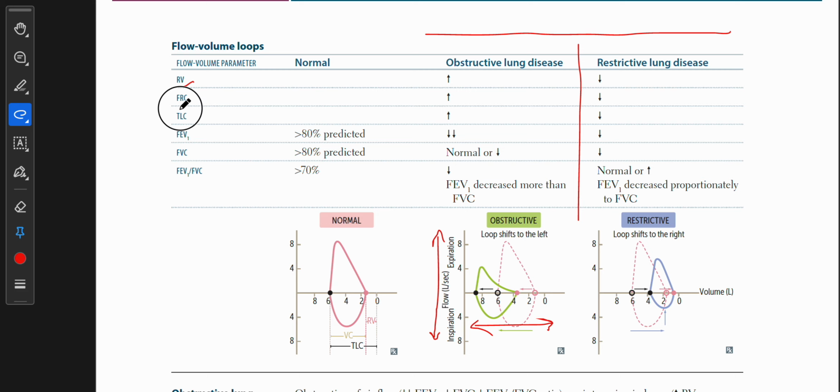FRC, functional residual capacity, is increased in obstructive lung disease and decreased in restrictive lung disease. Obviously total lung capacity increases in obstructive lung disease, since the air is trapped inside the lungs and there is no exhalation, and it decreases in restrictive lung disease.